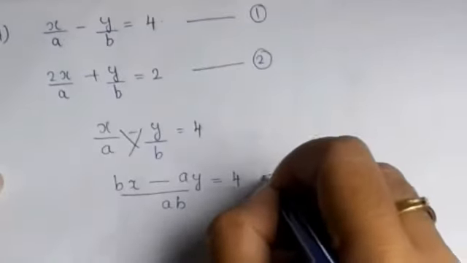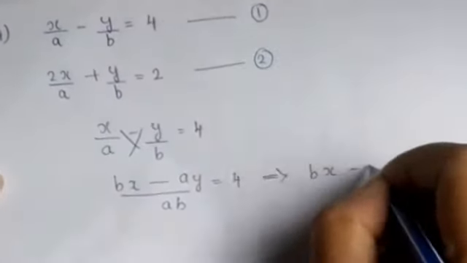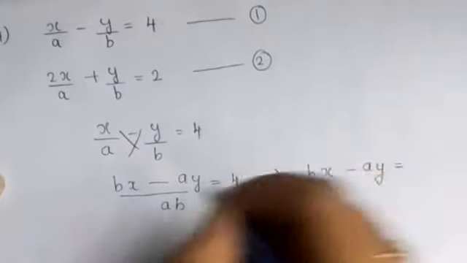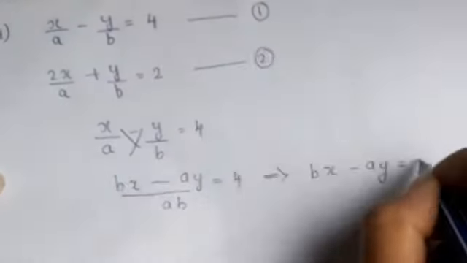So we can write bx minus ay is equal to ab. By ab you transpose to the right side, it becomes 4ab. So this is our new equation number 1, so that the coefficients are not fractions.